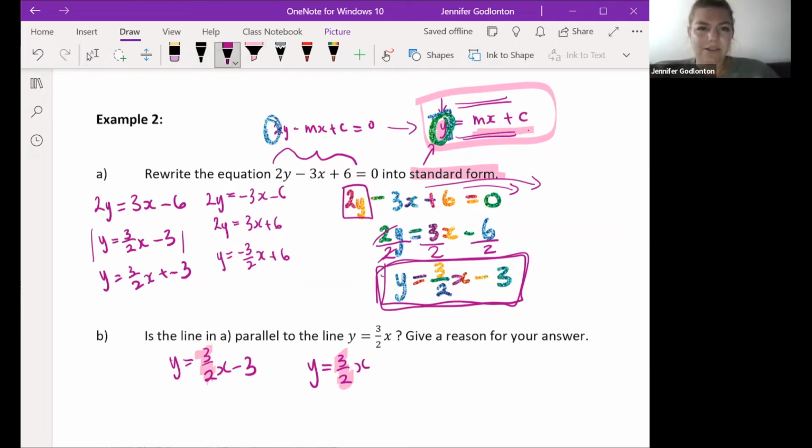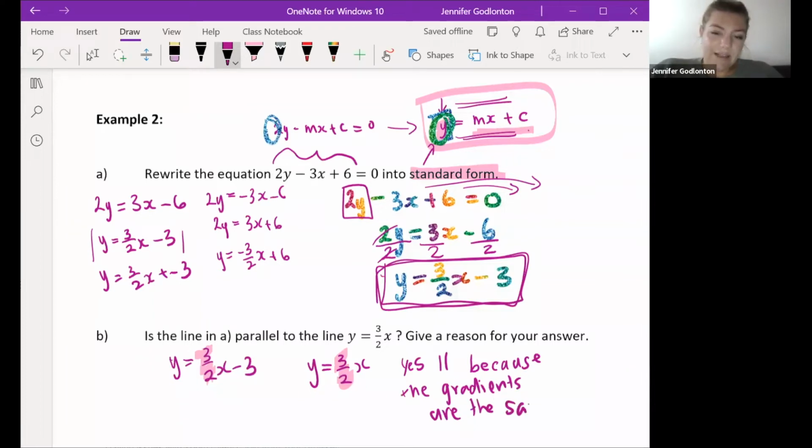When we were answering this, we would say yes, they are parallel because the gradients are the same. Both of my gradients are 3 over 2, which means they have the same slope, which means they are parallel. Nice job. If you'd like to take a screenshot of this, please feel free.